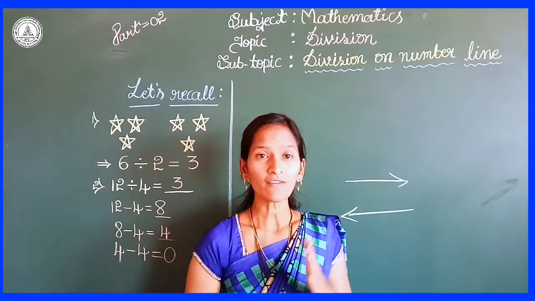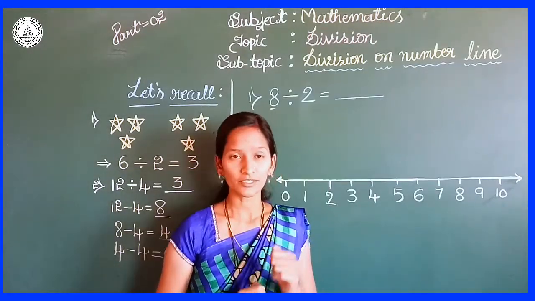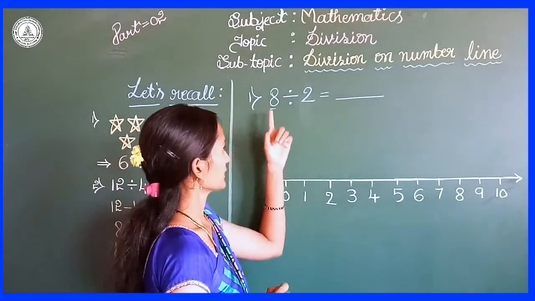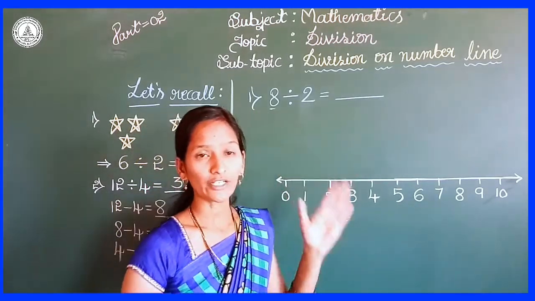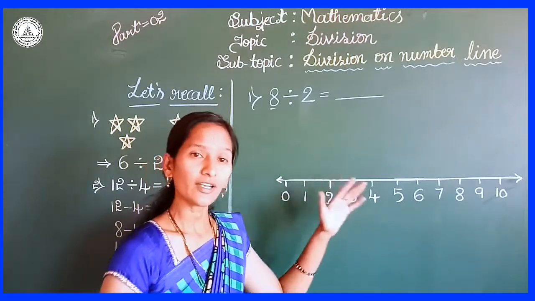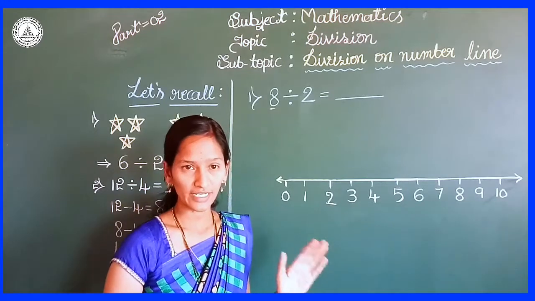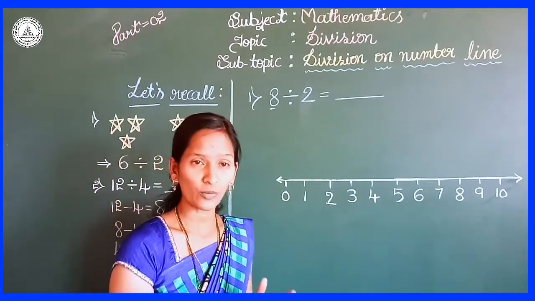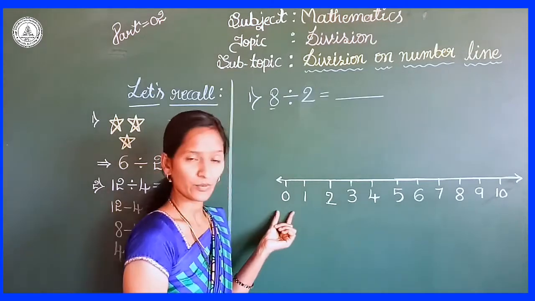Now I will explain with one example. Students, come to the first problem. It is 8 divided by 2 is equal to dash. Here you have to find the answer using a number line. Already you know this is a number line. In other operations like multiplication, we always start from 0.